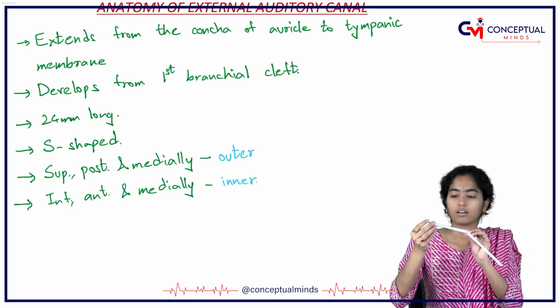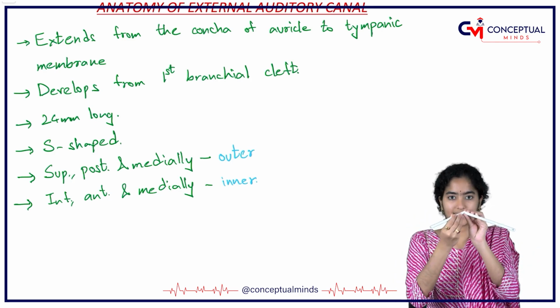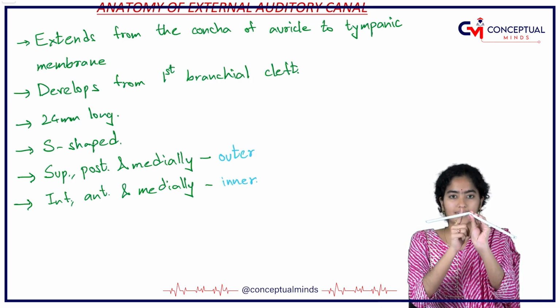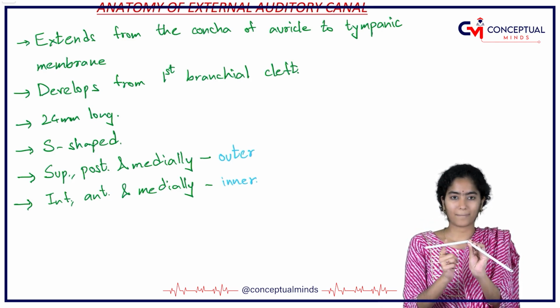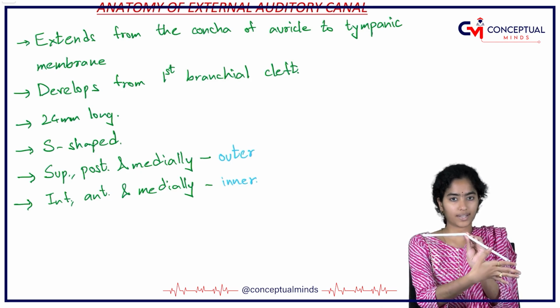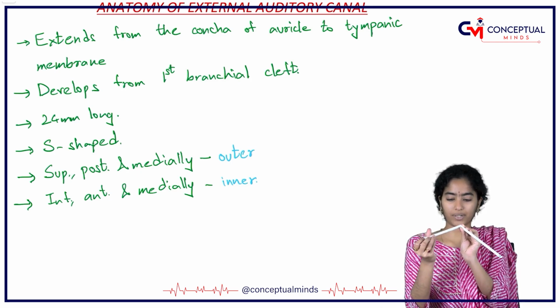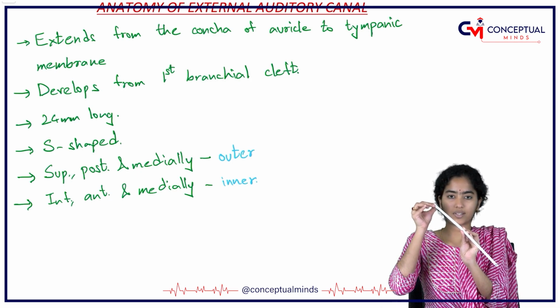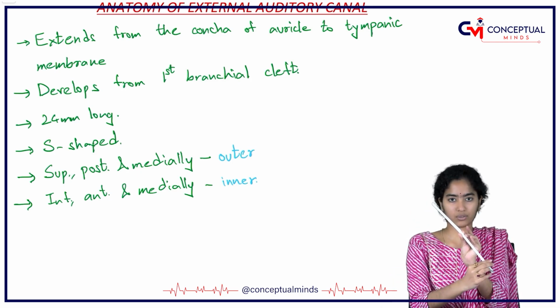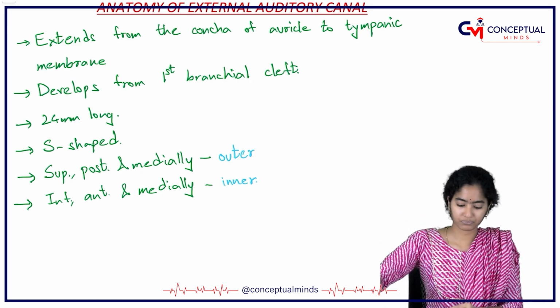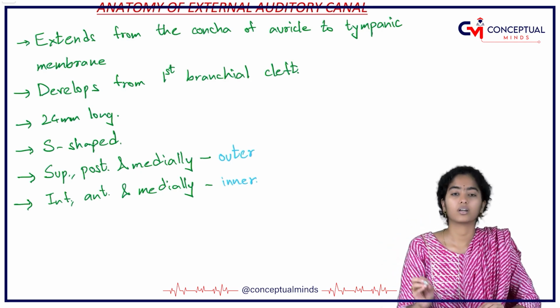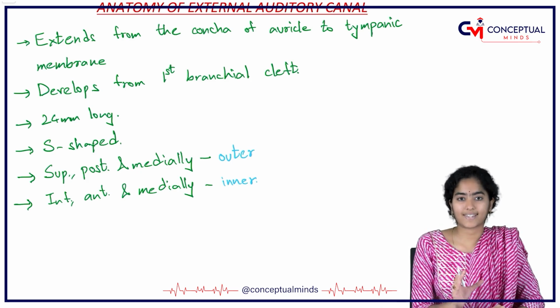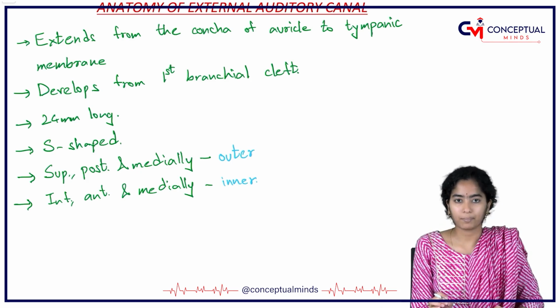Once again, this is how it is placed now. It is upwards, this is downwards, back, front, and both are directed medially. And now what we do? We pull this laterally, backwards and upwards so that it has become a straight tube. I hope it is clear now. This is to facilitate the examination of the tympanic membrane.